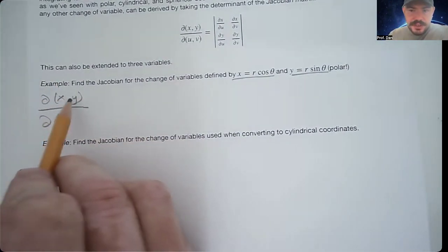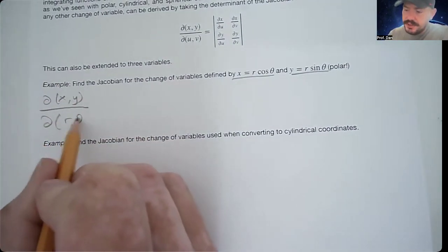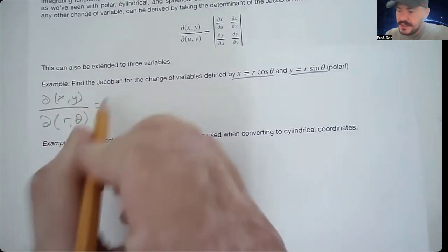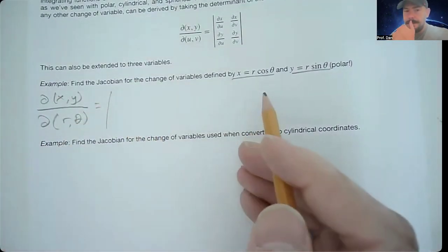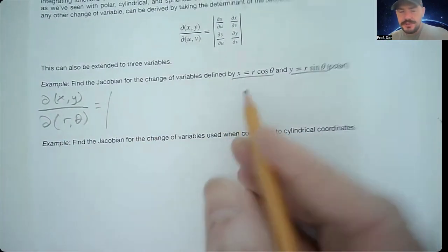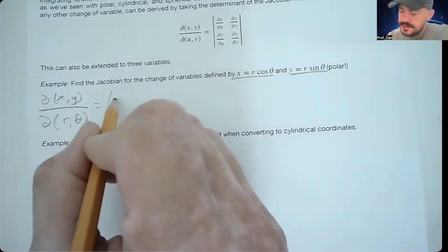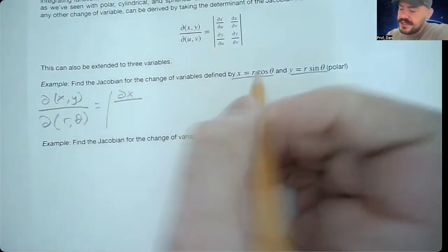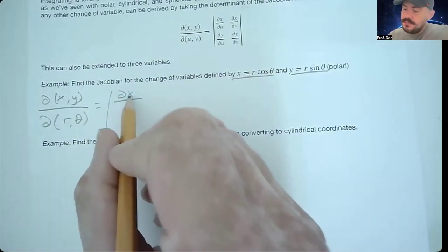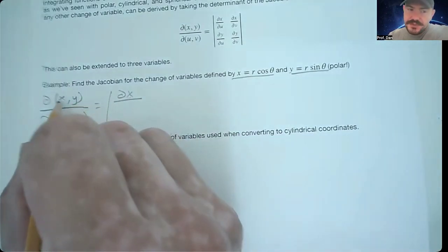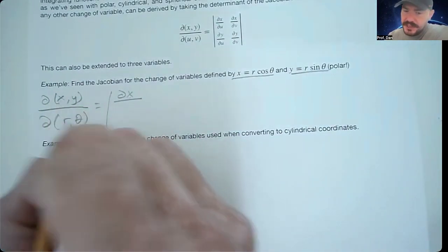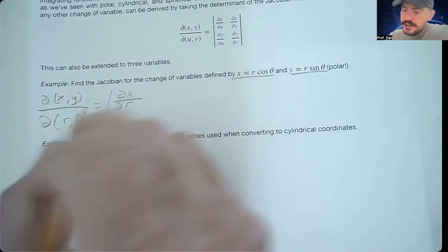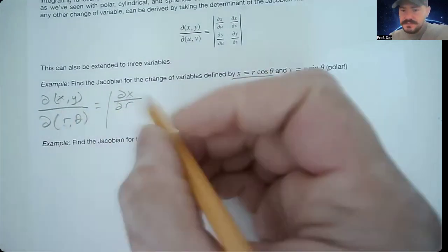So these are our old variables, x and y. These are our new variables, r and theta. Actually, for this one, I should write it out because the variable names are different. The first entry will be the partial of x, that's the first one in the numerator, with respect to r, that's the first one in the denominator.